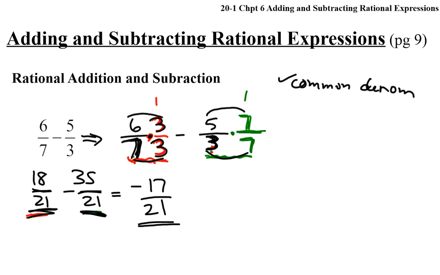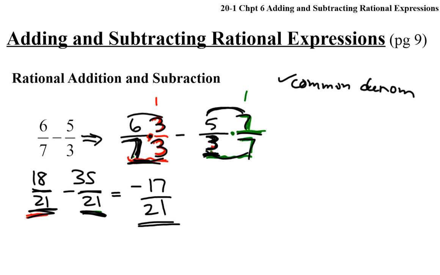Multiplied by the missing part up top as well to keep it balanced. The 3, that denominator didn't have the 7, so I multiplied by the 7, but I kept it equivalent by multiplying by 7. And that's what we're going to do when we get to rational expressions. Common denominators, we need to identify what we're missing and multiply by it.